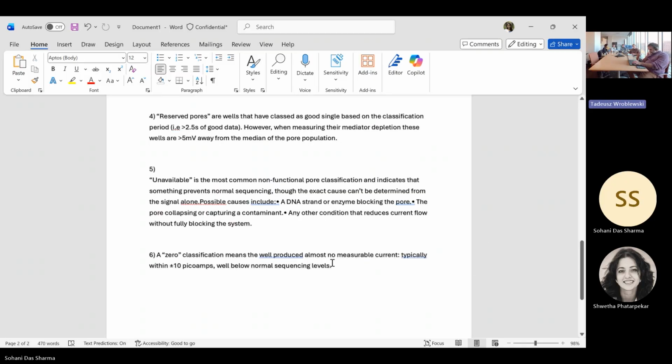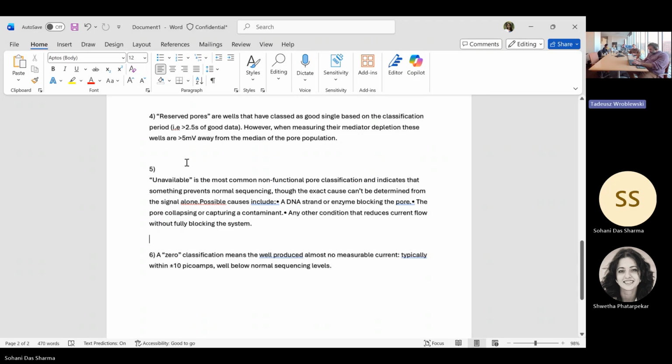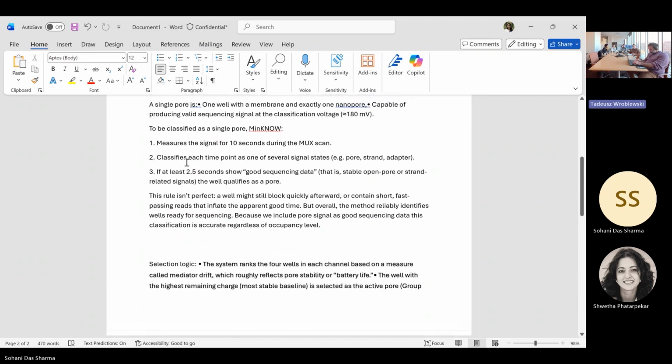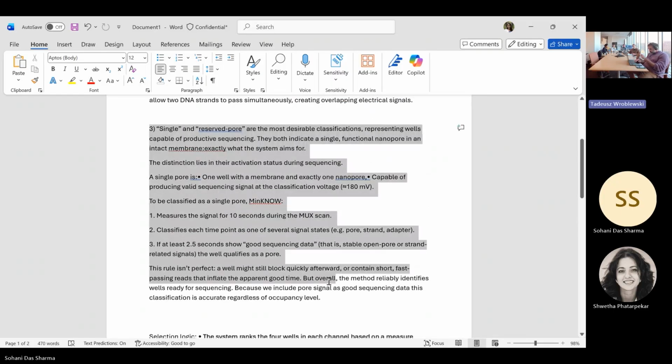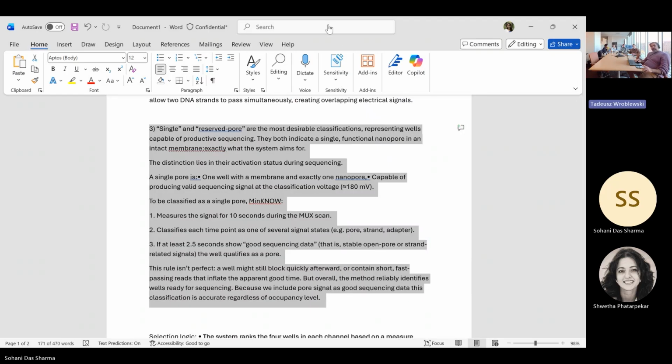Typically, it also means the same thing, it's not available for sequencing. So to understand the run report, the main thing is the single reserved pore. Yeah, so I think this is all about the MinION, how it works and everything.